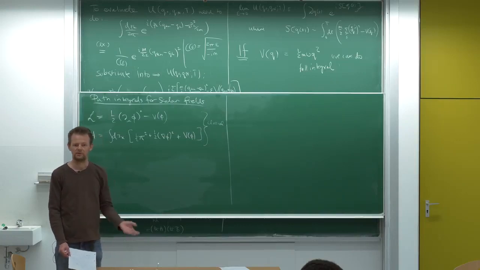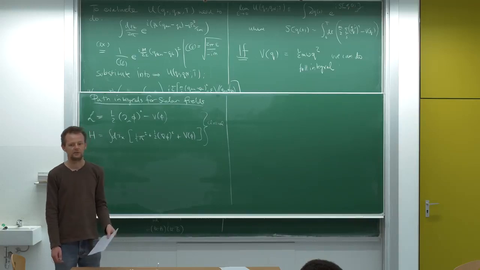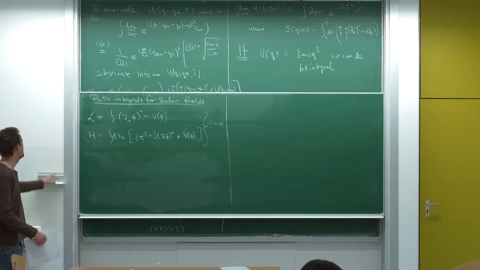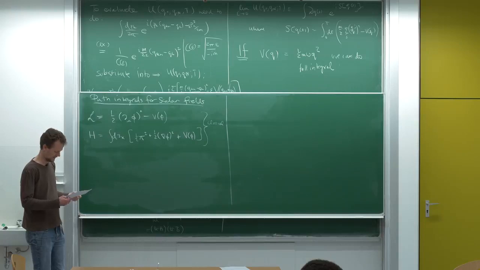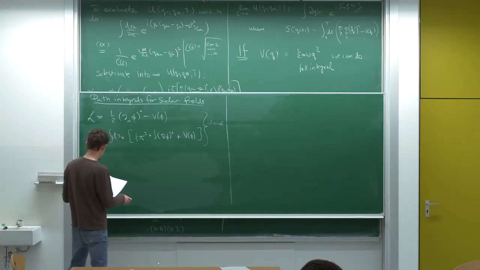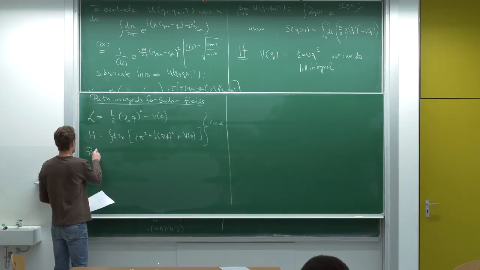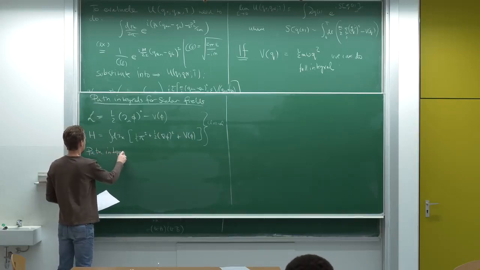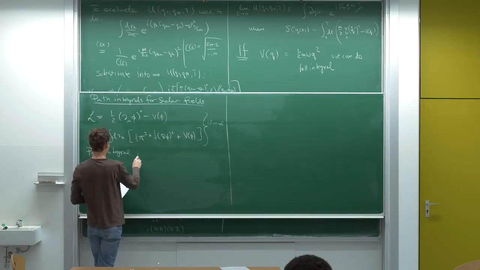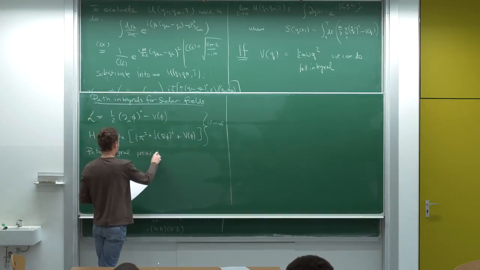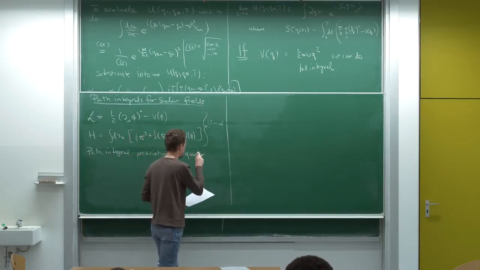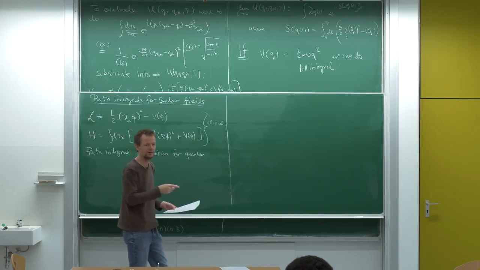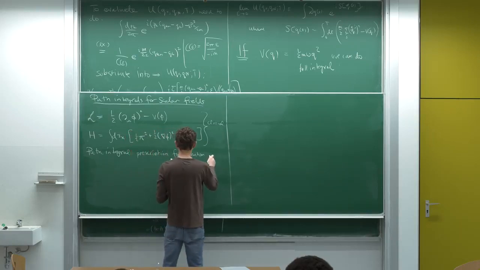We had to impose canonical commutation relations, and we had to check consistencies and so on. Here, we're going to arrive at a quantum Hamiltonian via this path integral prescription. So it's exactly the same as the non-relativistic case. You just have to be a little bit careful about this extra degree of freedom.